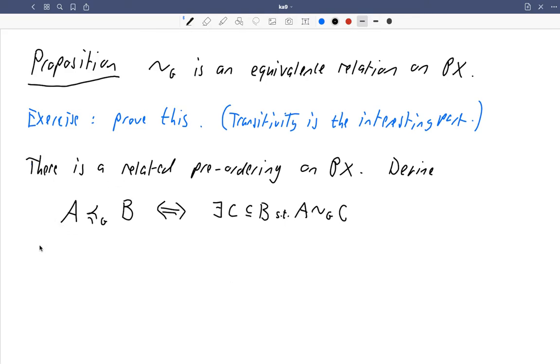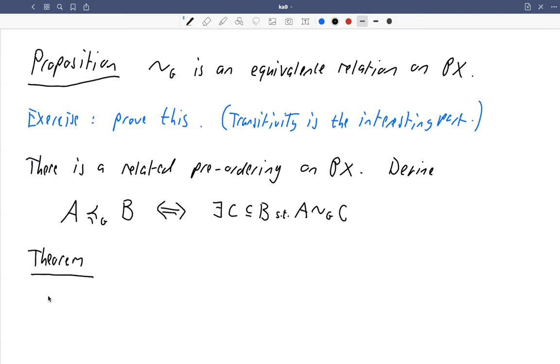But nonetheless, having made the above analogy, perhaps it won't be too surprising that there is a theorem that says that if A is less than or equal to B and B is less than or equal to A, then A and B are G equidecomposable. So it's an analogue of the Schroeder-Bernstein theorem.